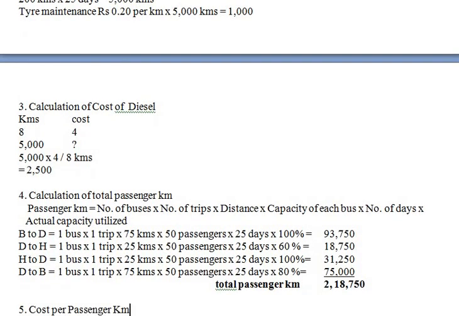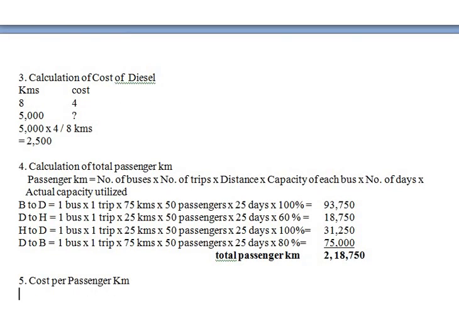Now next we need to find out cost per passenger kilometer. I guess everybody knows the formula: cost per passenger kilometer is equal to total operating cost divided by total passenger kilometer.